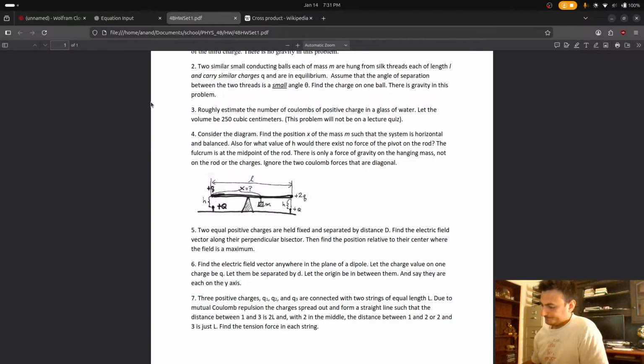Now, finally, let's get the torque due to the right charge. This one should be easier now because we've kind of done it. So R cross F from Q3 to Q2 is going to be equal to (L over 2, 0, 0) cross (0, 2KQ big Q over H squared, 0).